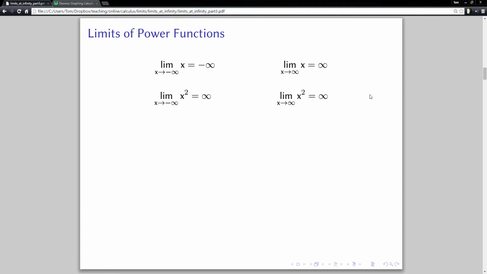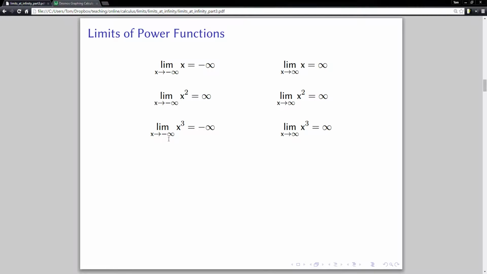So if I look at the next power function, x cubed, I can see that the limit as x goes to infinity of x cubed is infinity, right? So that's no surprise. I have positive numbers, and they're getting really big. When I raise them to the third power, the result will be even bigger. So the limit as x goes to infinity of x cubed is infinity.